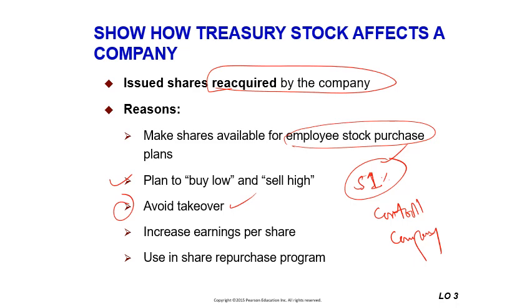So if the company knows these kinds of strategies, how can the company save itself from this takeover? The company buys back its shares. And when the company buys back its shares, the earnings per share is also increased. We are not discussing that right now because this is a finance concept, also used in share repurchase programs, which is also part of finance.